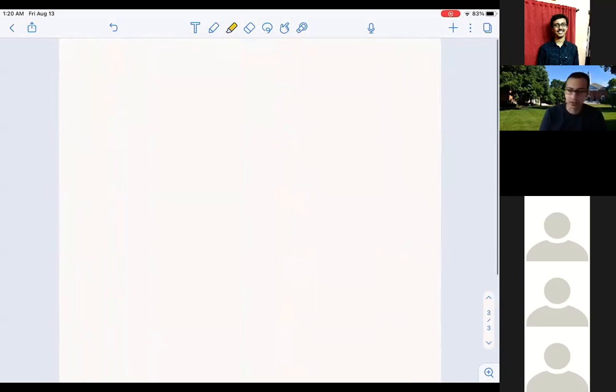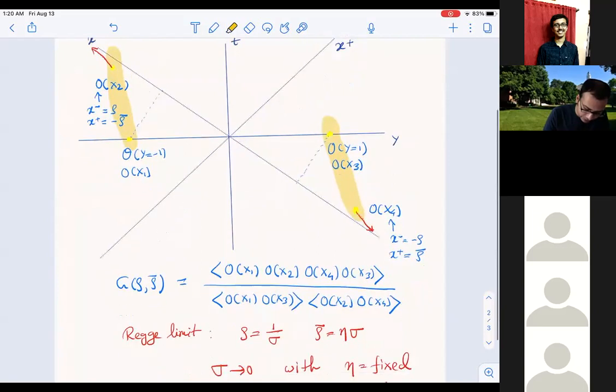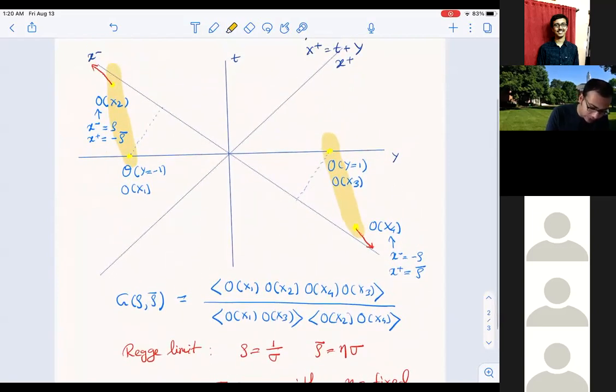Sandipan? Yes. Is there an order in which you first take it to the x plus axis and then along the x minus axis? Actually, they are not. If you look at this scaling, it looks exactly like this arrow. So it's basically approaching the light cone and infinity at the same rate. To be more clear, let me actually show it.